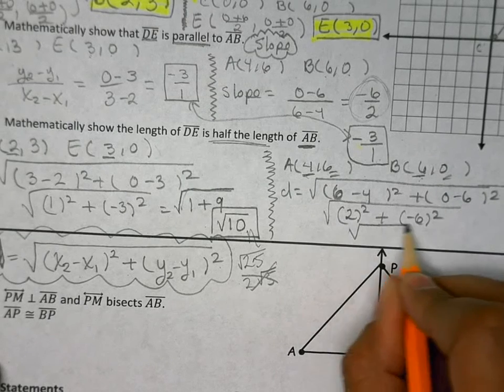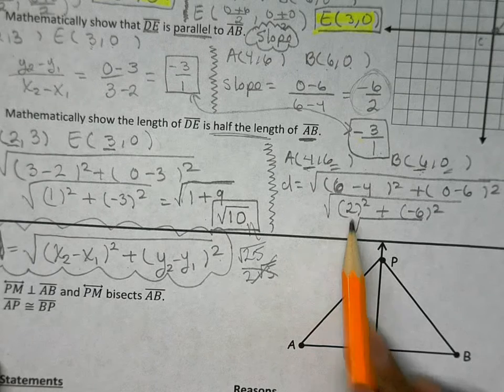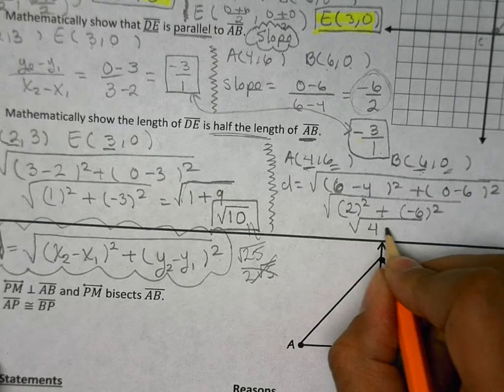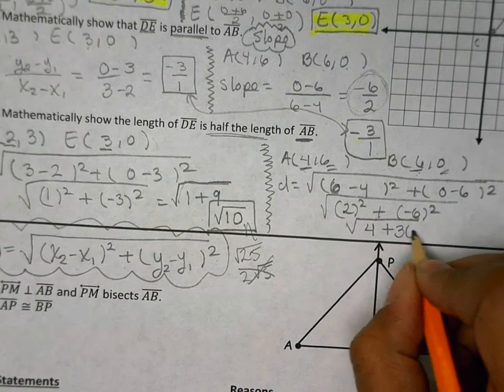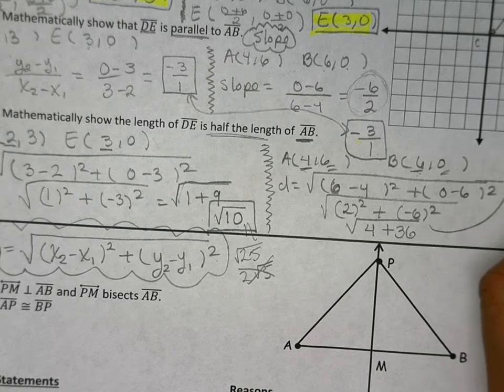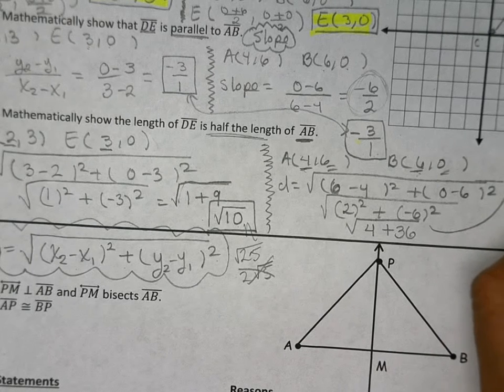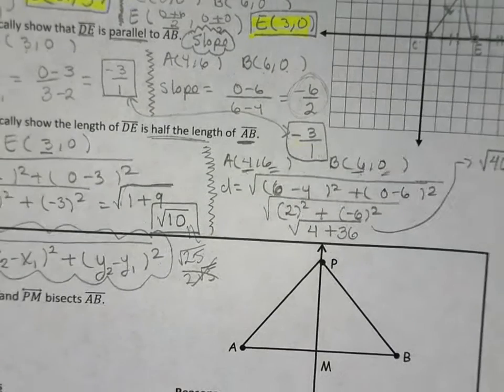Oh, and that comes out to be 2 squared, 4, and negative 6 squared is not negative 6 times 2. It's negative 6 times negative 6, which is 36. And 4 plus 36? 40.